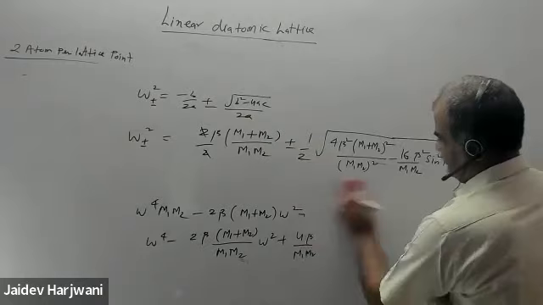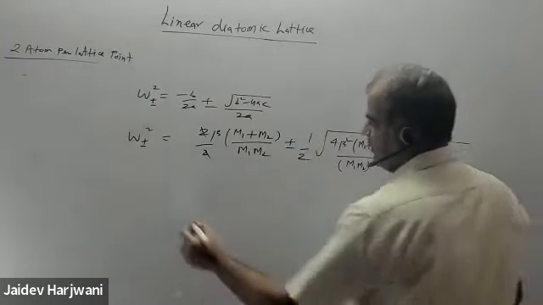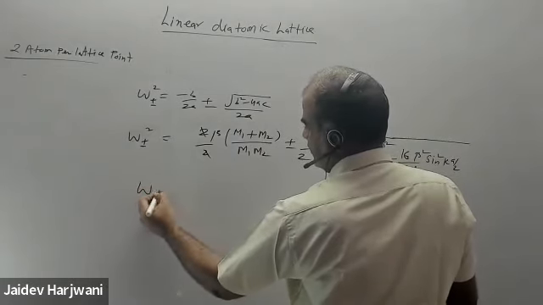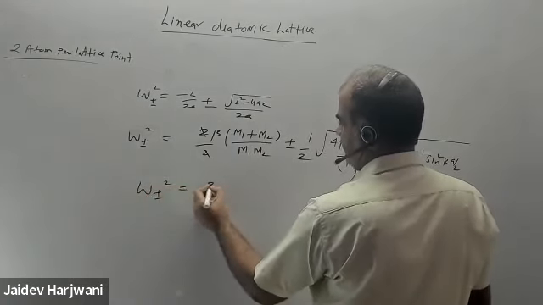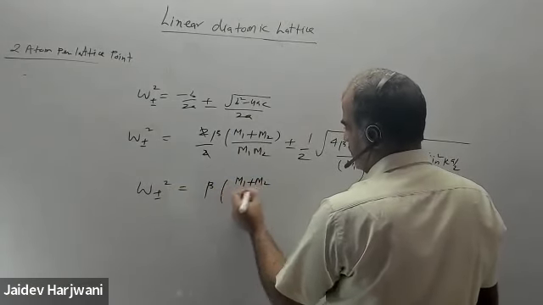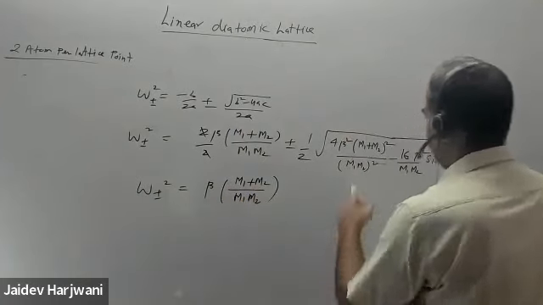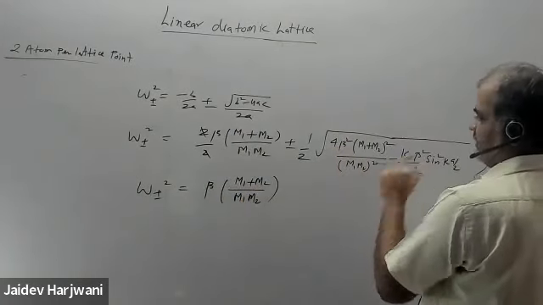So if we solve further, this will give me plus minus square root of beta (m1 plus m2) upon m1 m2. Okay, from this we take 4 common, beta will also come out common.